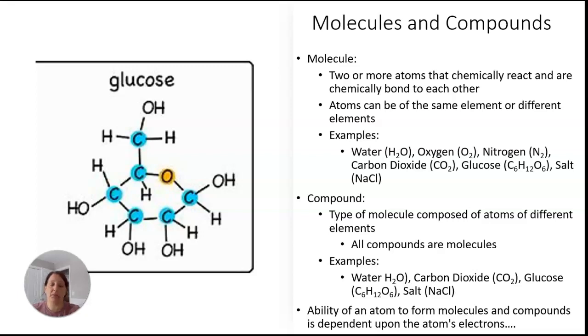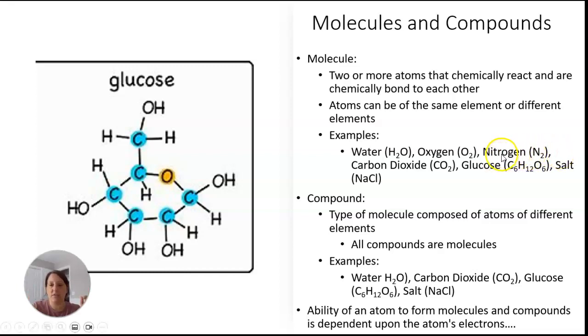So for example, molecular oxygen, which is O2, which I have written right here. These two oxygen atoms are going to be bonded together to form a molecule of oxygen. And so it's one oxygen atom bonded to another oxygen atom.